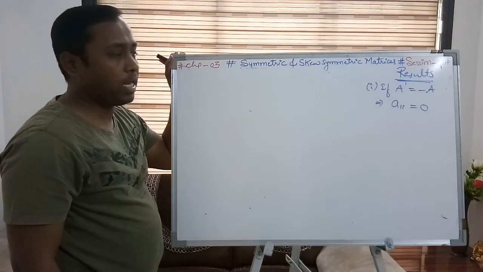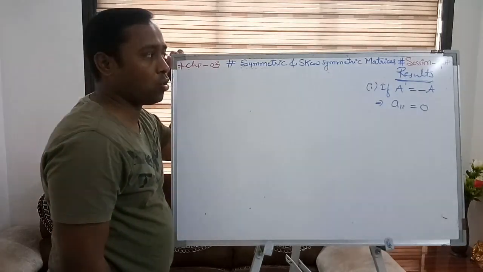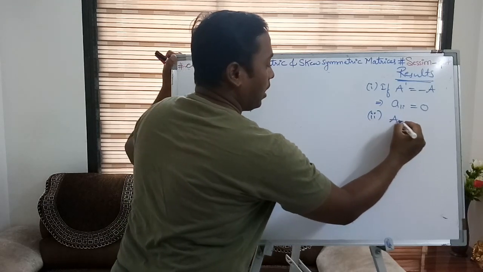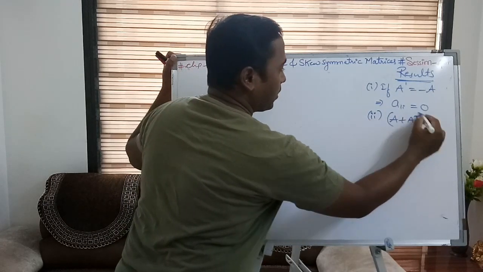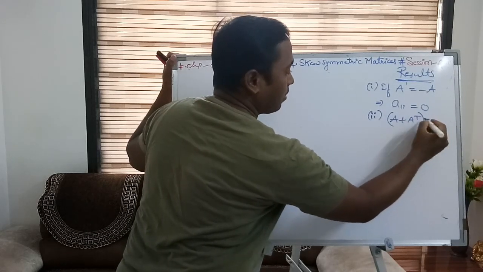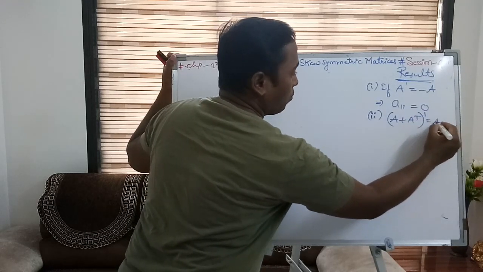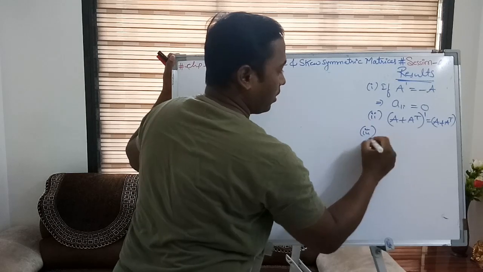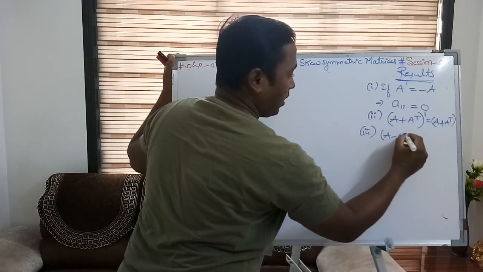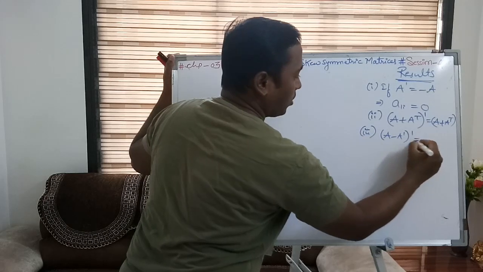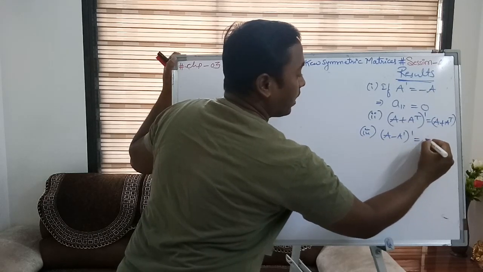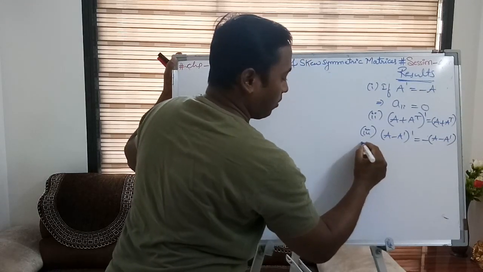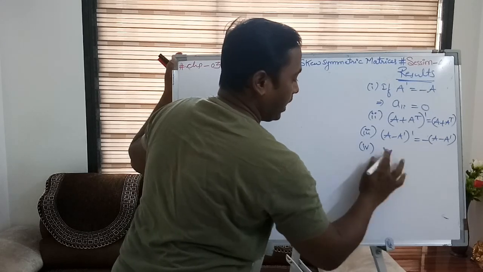It means that all diagonal elements of a skew symmetric matrix are always 0. Second, we have proved that A plus A transpose is always symmetric. It means A plus A dash whole dash is equal to A plus A dash only, as it is. The third one is A minus A dash whole dash is equal to minus of A minus A dash.